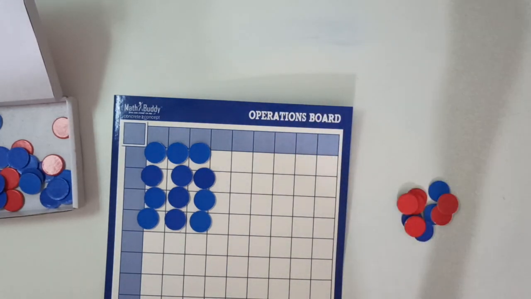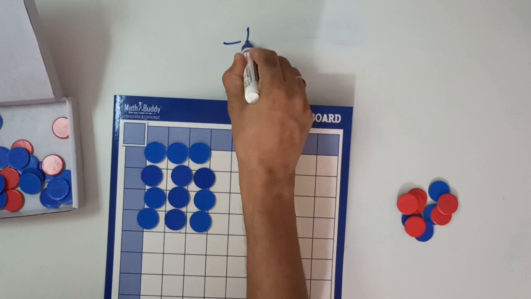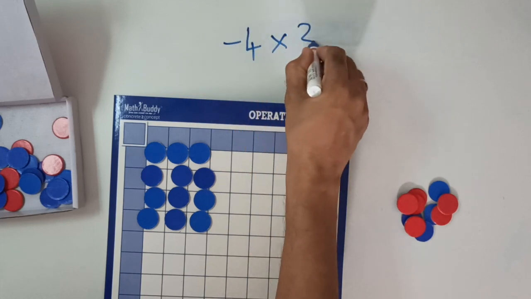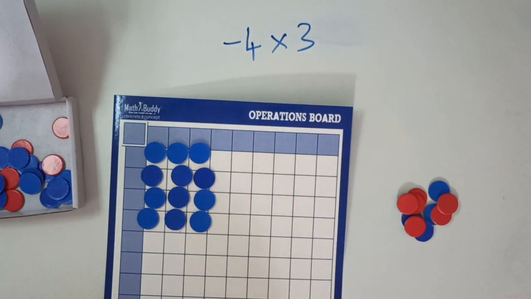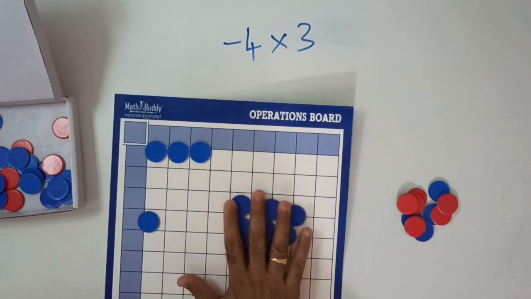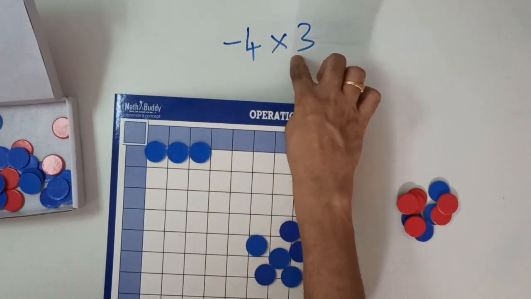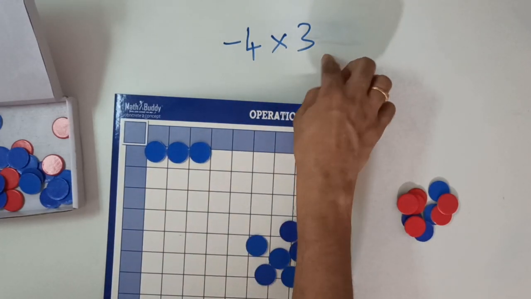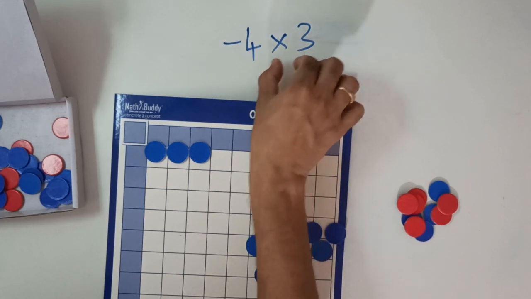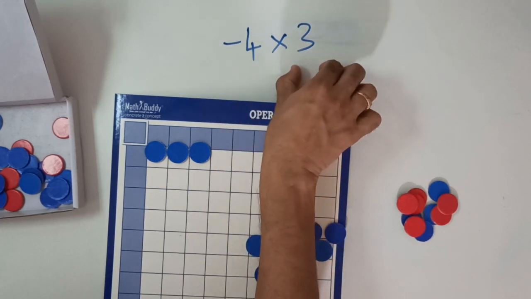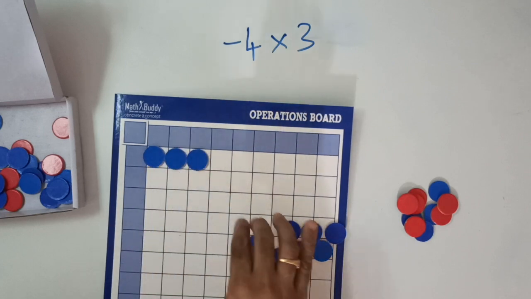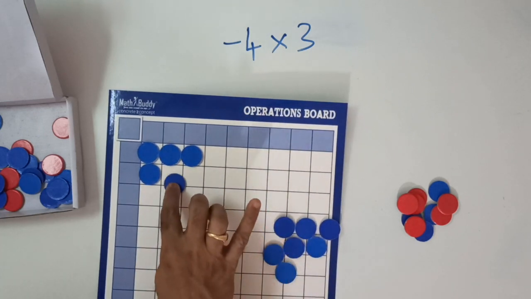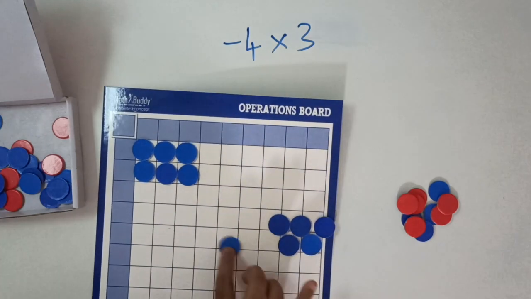Let's just look at one more example. Let's say I want to do minus 4 times 3. Again, we look at this number first. I need 3 chips, and I need 4 groups of 3 chips. So you take 3 blue chips and take 4 groups of that.